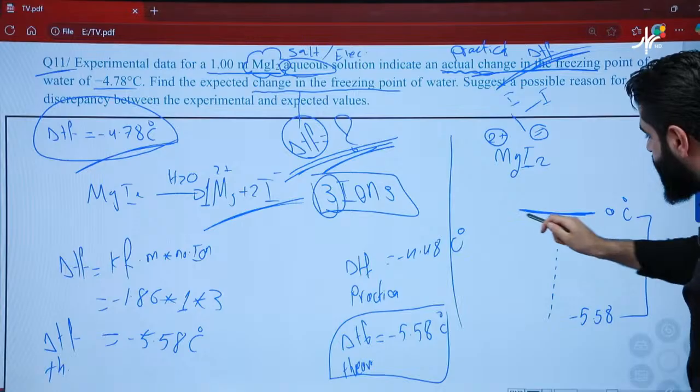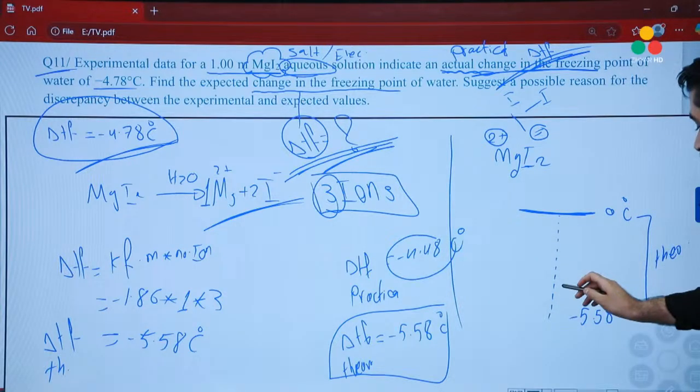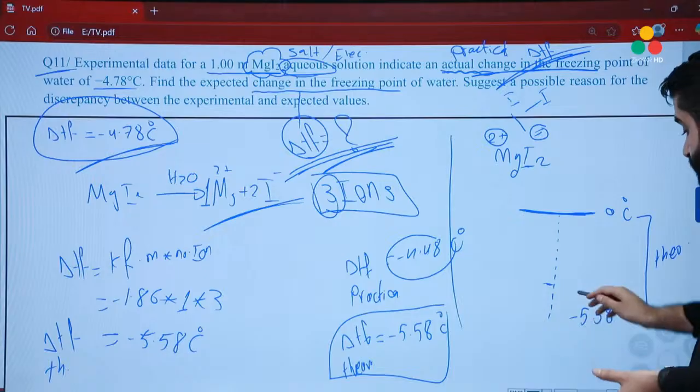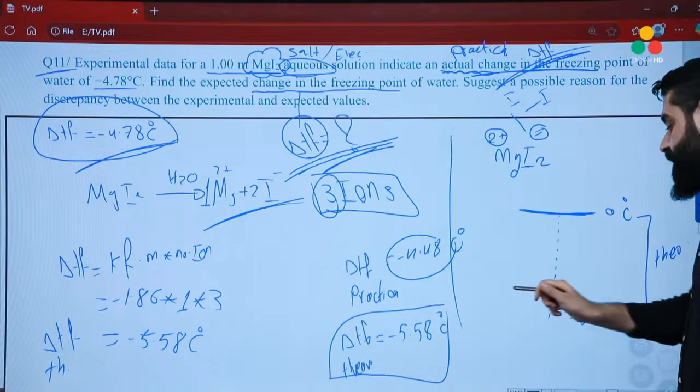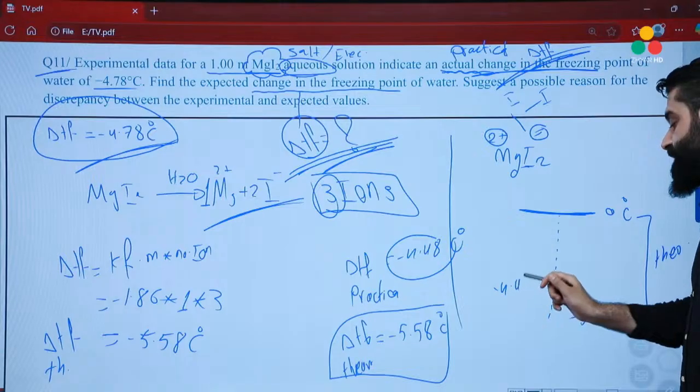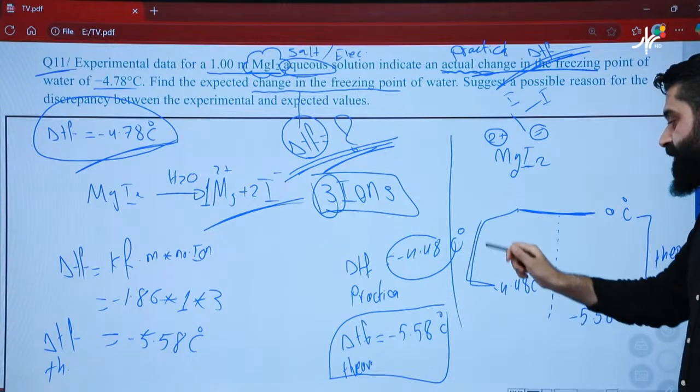But practically in the lab, the result was negative 4.48. It means somewhere like here, compared to this. Even if it's not accurate, you know what I mean. So this is the change of the practical.